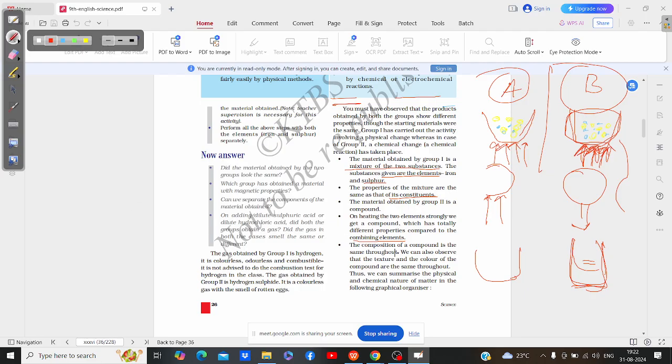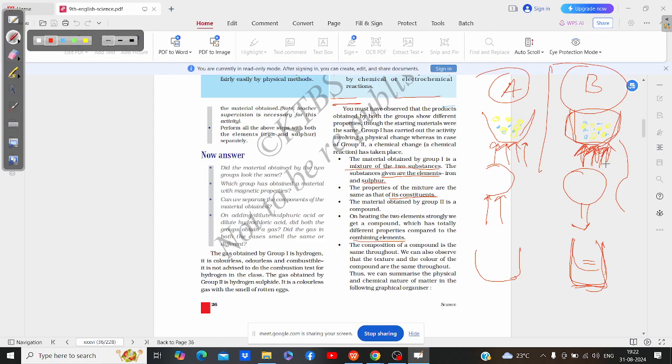We can also observe that the texture and the color of the compound are the same throughout. Thus, we can summarize the physical and chemical nature of matter in the following graphical organizer. The texture and color of the compound are the same throughout.